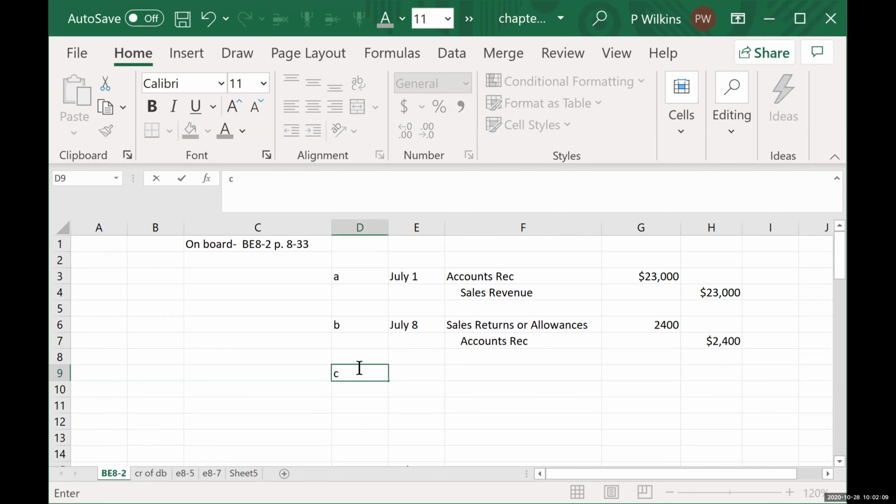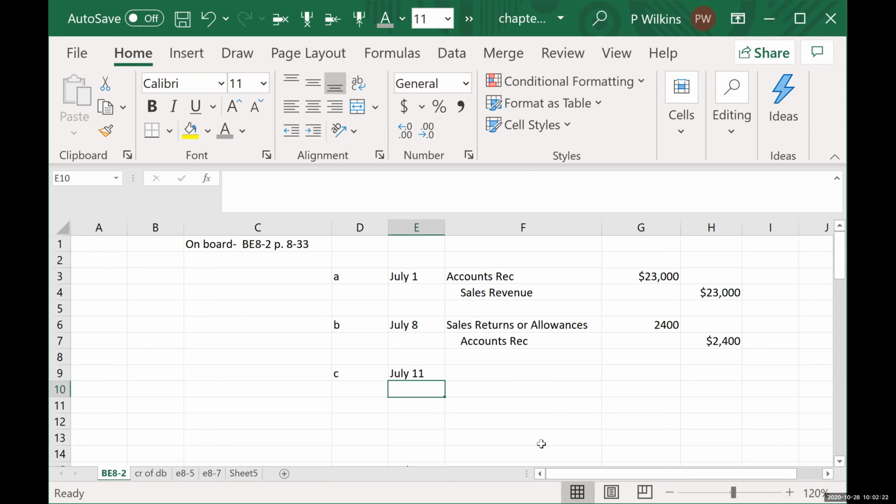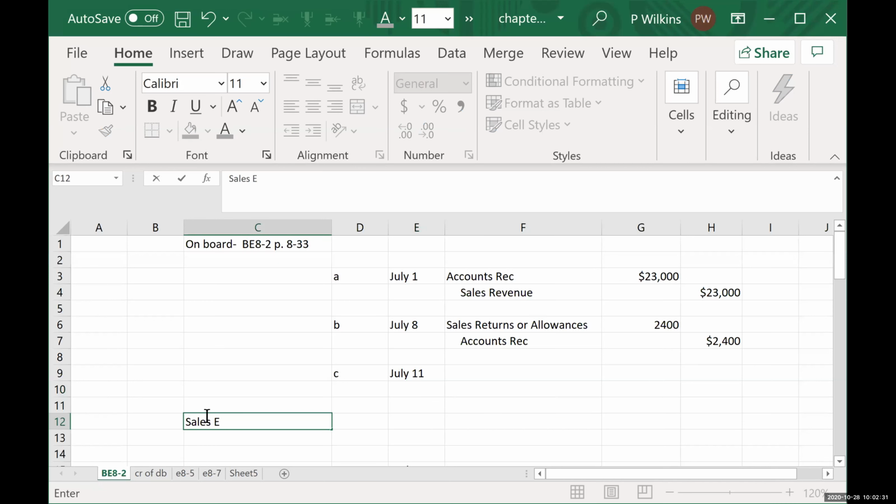Okay, then we're going to go to C. And C says, on July 11th, Stacy Incorporated paid for the merchandise. So in order to do the payment, we still have to figure out all of the calculations, right? So the formula is sales minus any returns or allowances, and that's going to give you your accounts receivable number.